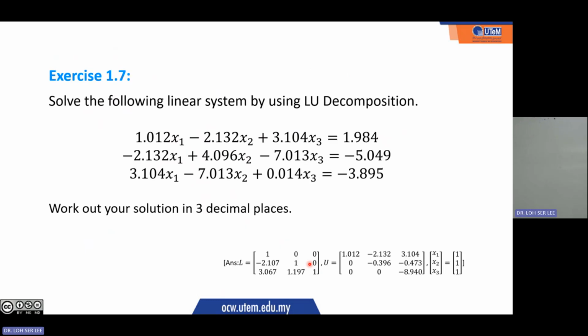Okay, I'll try this. This is in 3 decimal places.